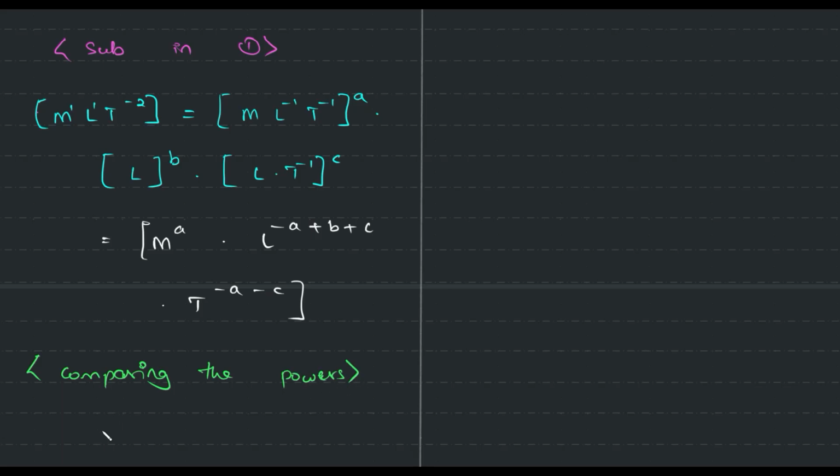So you will end up with A clearly is equal to 1. Okay, and then A plus B minus C is equal to 1. So basically B plus C is equal to 2. How did I do that? As A is equal to 1, I substituted that and I got this.